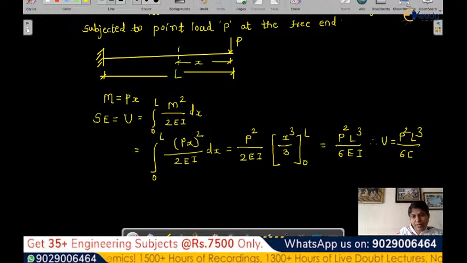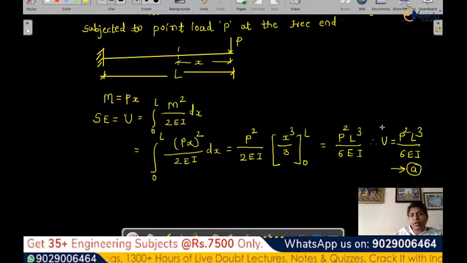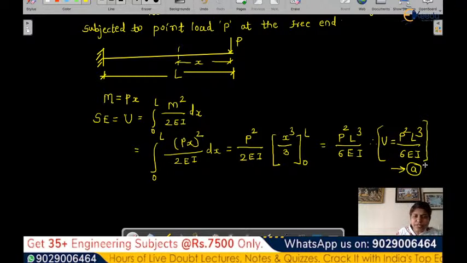So this is one answer we got. Let's name it A. Now this is the strain energy because of whatever load is acting. That is the strain energy formulation we got. Now what is the work done by this particular load?